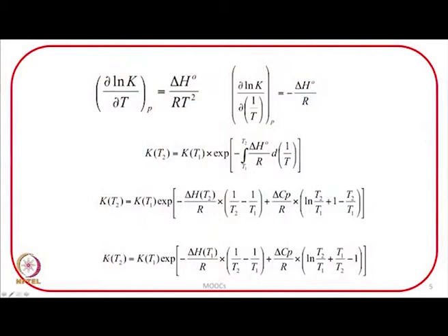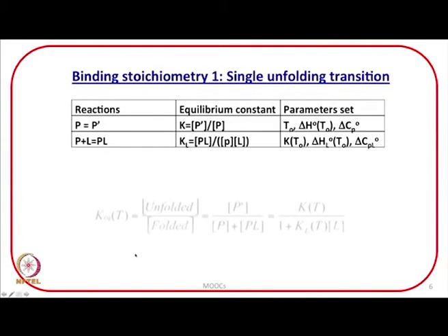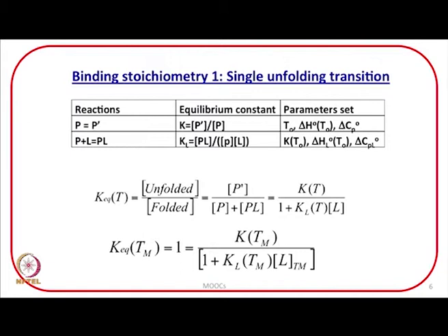You see, these two equations connect the value of K at any temperature with the value of K at an initial temperature and the corresponding values of enthalpies, heat capacity changes and the temperatures. So by making use of these equations, we will extend our discussion to derive further properties. So what we have at present is this expression.